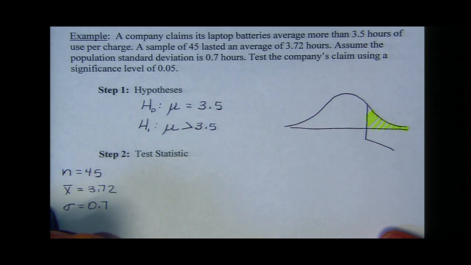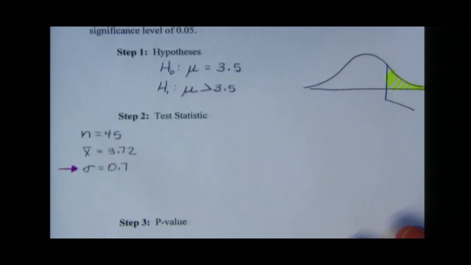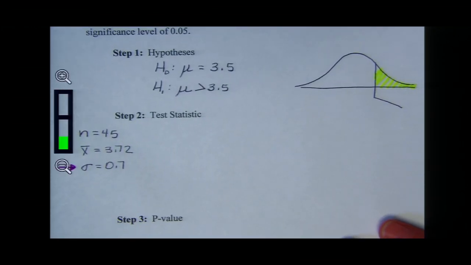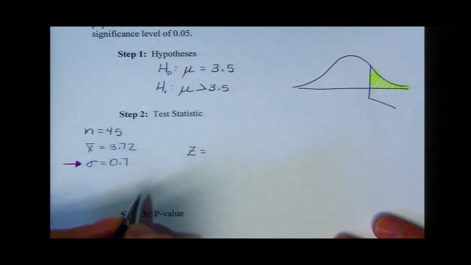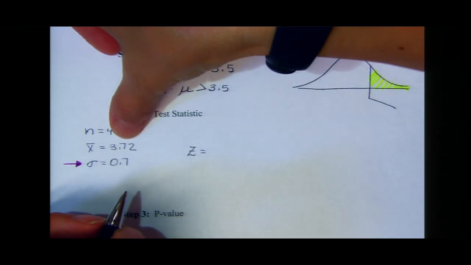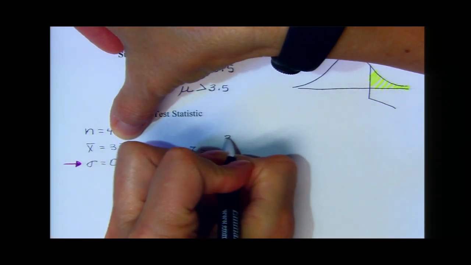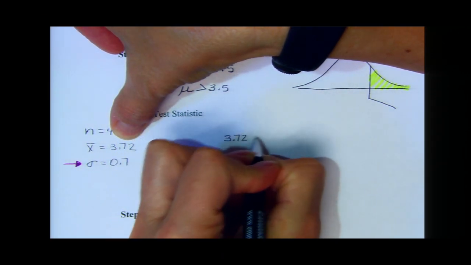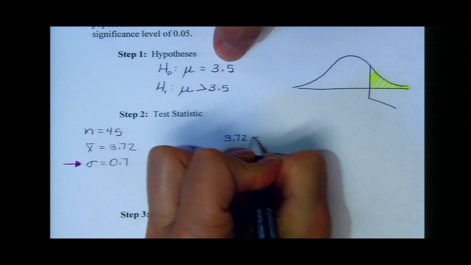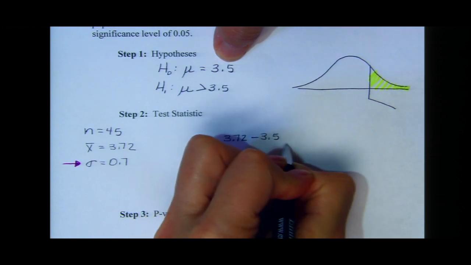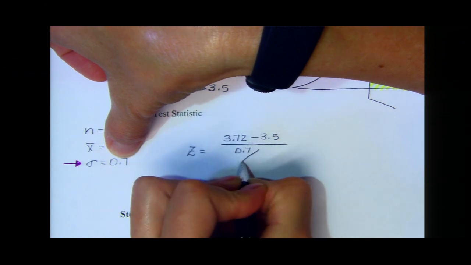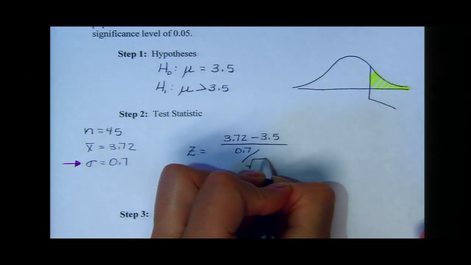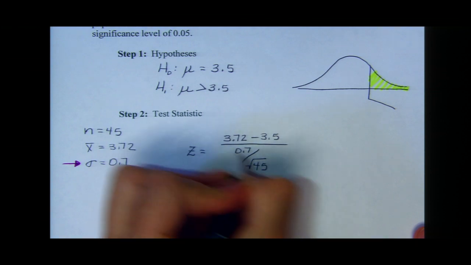Since the population standard deviation is known, that tells me I am going to calculate a z-value. And that z-value is x bar, 3.72, minus mu of 3.5, divided by sigma 0.7 divided by the square root of n, which is 45.